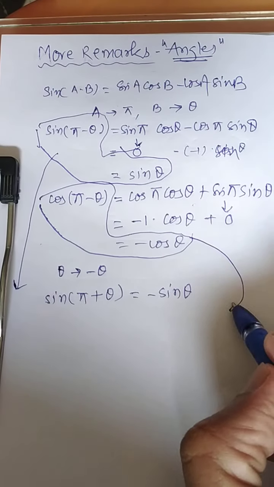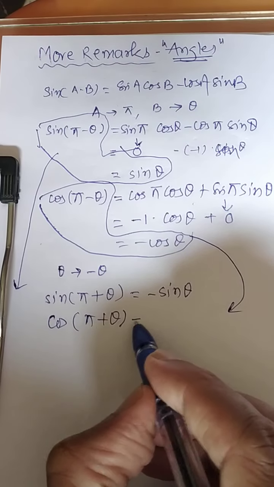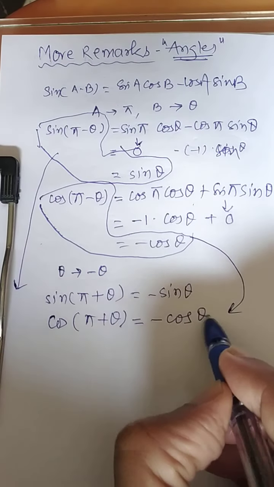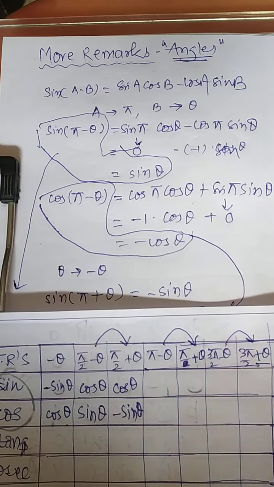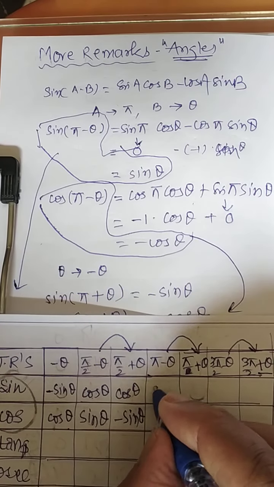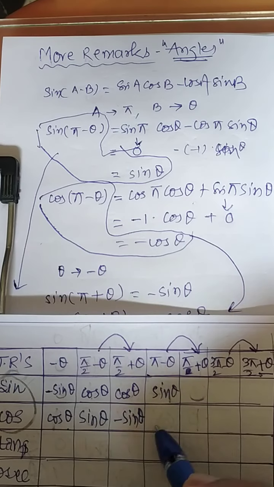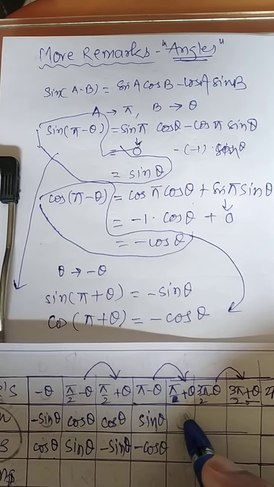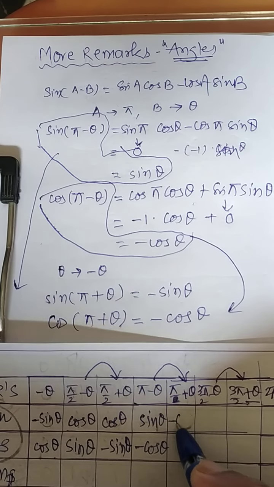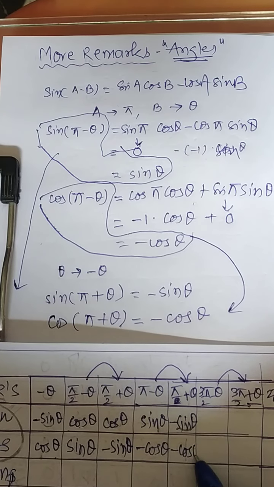Similarly here, cos of pi plus theta will be equal to minus cos theta. So I am placing these 4 remarks in the table. Look, sin of pi minus theta is sin theta, cos of pi minus theta is minus cos theta. Now pi plus theta: minus sin theta, and over here minus cos theta.